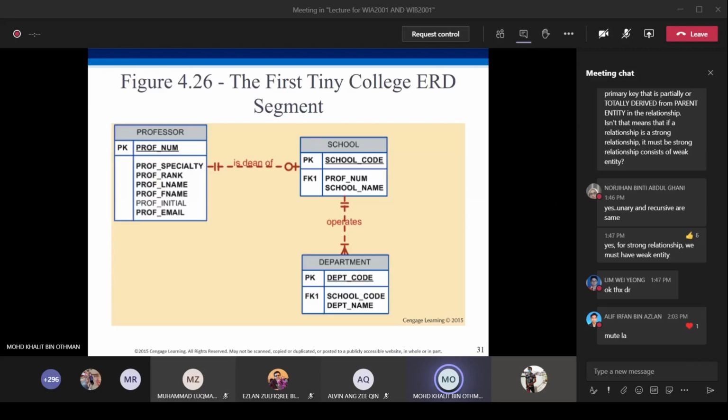The first segment of the Tini College ERD is this one. Figure 4.26 is an example of the first ERD segment of Tini College. And based on this figure, we can see here we have three entities, which are professor, school, and department.